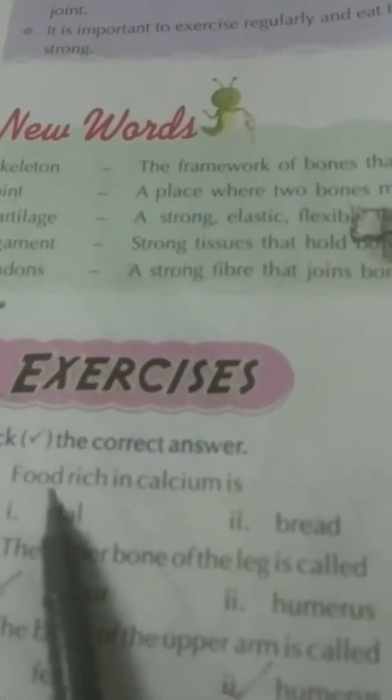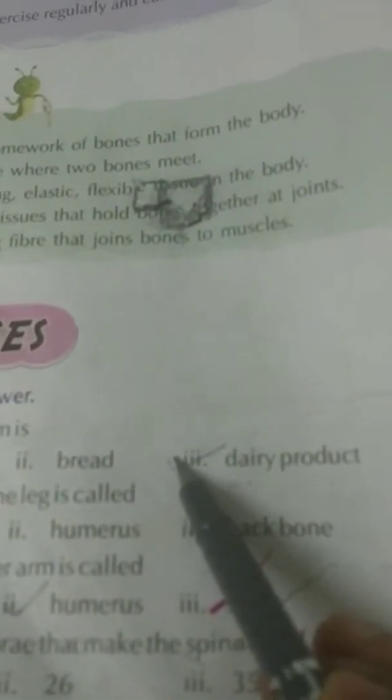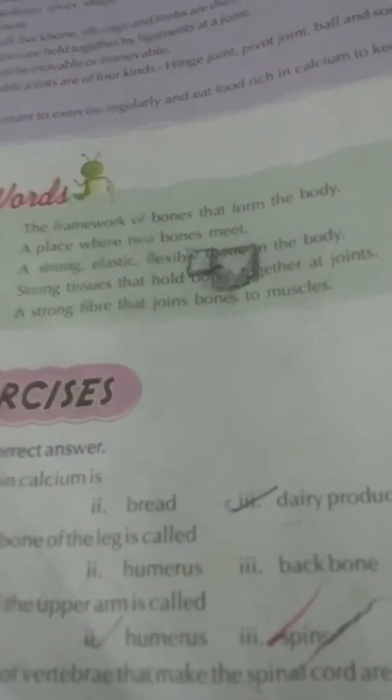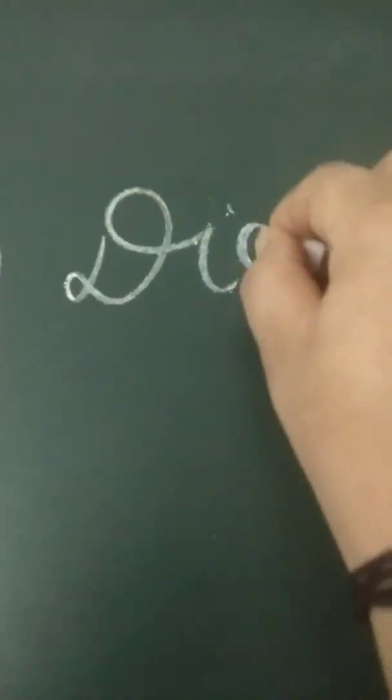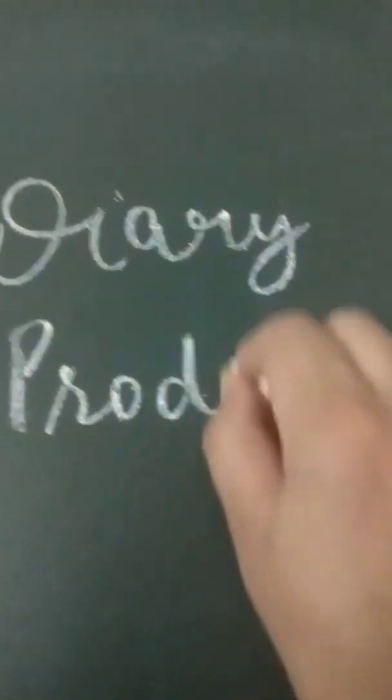First question, food rich in calcium is dairy product.